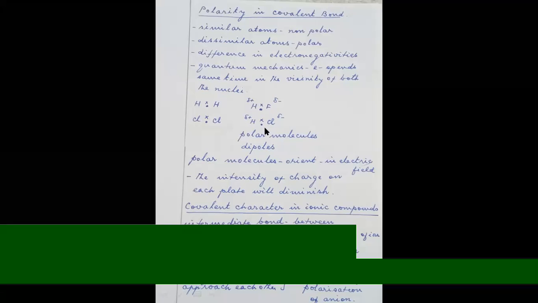Therefore, they are not at the center, they are shifted. The electron density is found more around the fluorine, and it is found more around the chlorine. And because of this shifting of electron density, the fluorine possesses a partial negative charge, and the chlorine possesses another partial negative charge, and the hydrogen possesses a partial positive charge in this molecule and in this molecule.